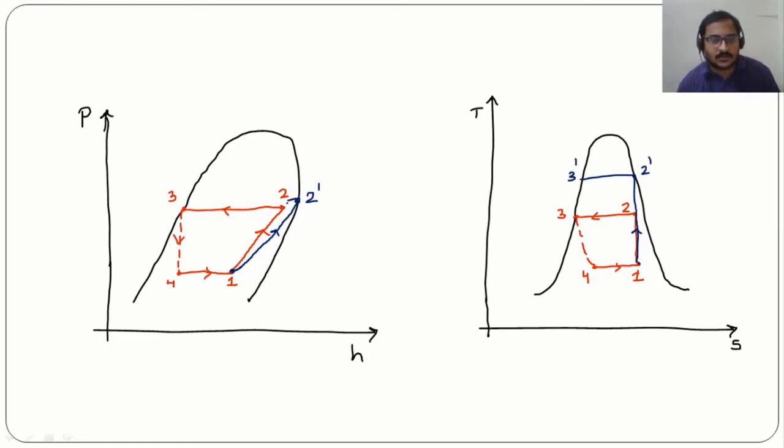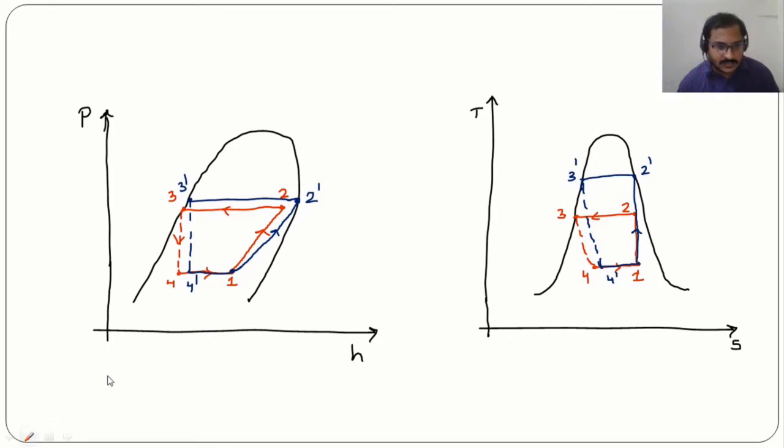Then here also it will be phase change that will be taking place, and 3 dash to 4 dash throttling expansion, and 4 dash to 1 will be like this. So this is condition 2. So here also you can draw like this, 4 dash to 1.